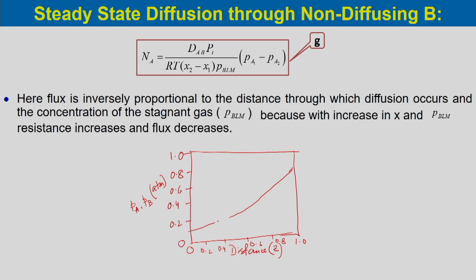So, this is the variation of concentration of Pa from Pa2 to Pa1. And the concentration variation of Pb can be expressed as Pb1.